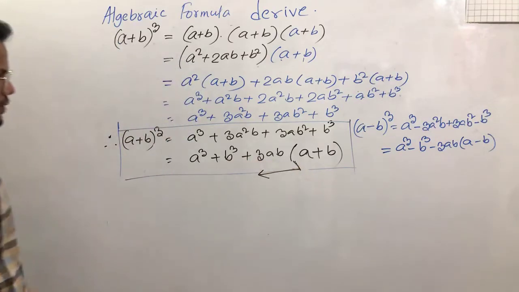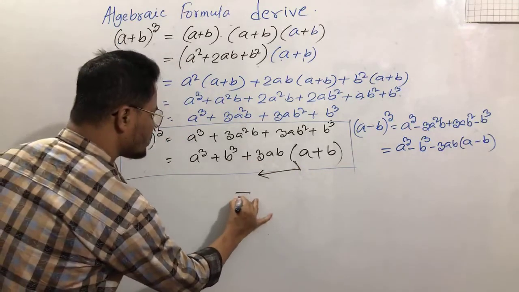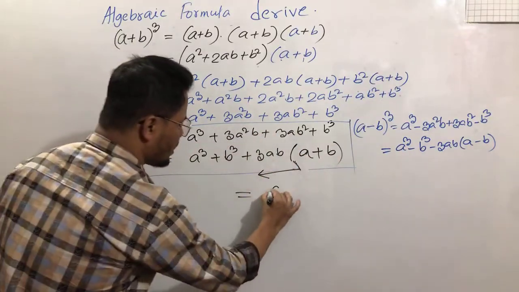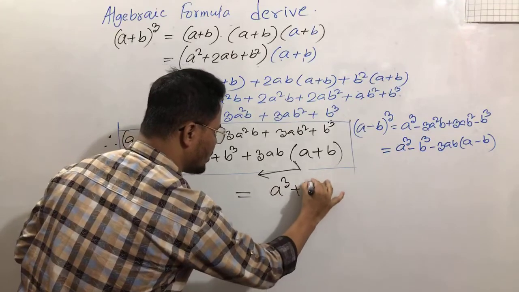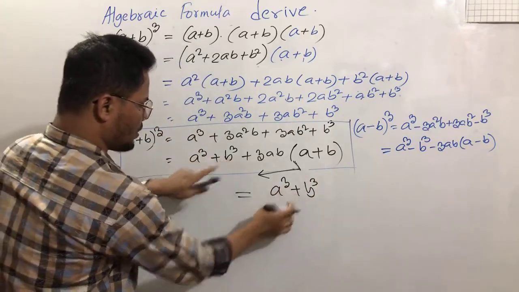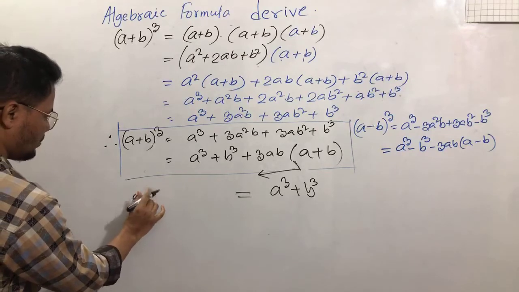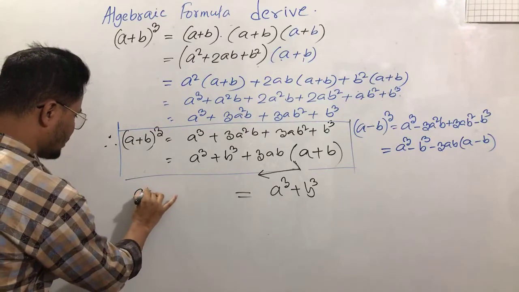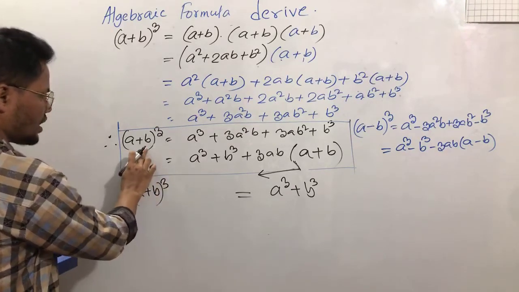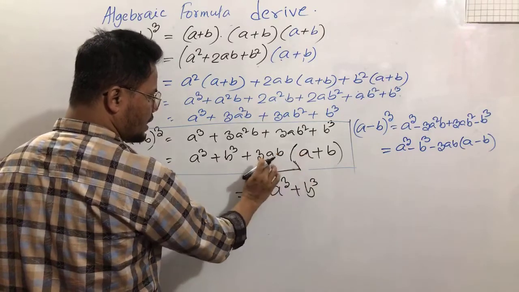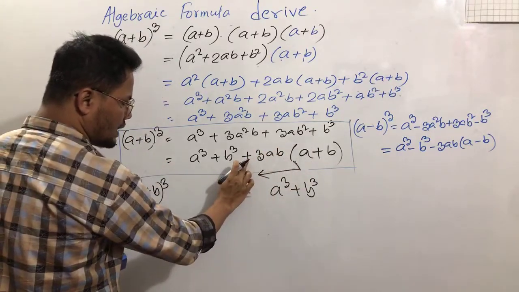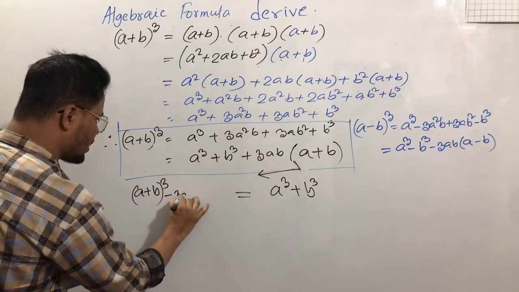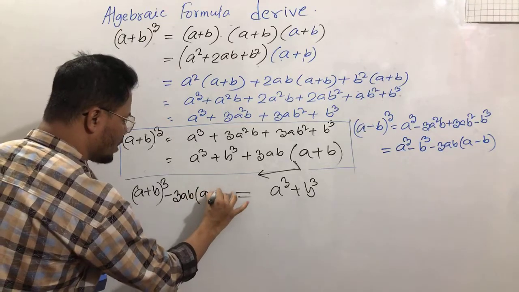If we change 3ab(a + b) from the right side to the left side, the remaining part on the right side is a³ + b³. On the left side we already have (a + b)³, and on the right side there was plus 3 times ab into (a + b). Now if we move it to the left side, it will be minus 3 times ab and (a + b).